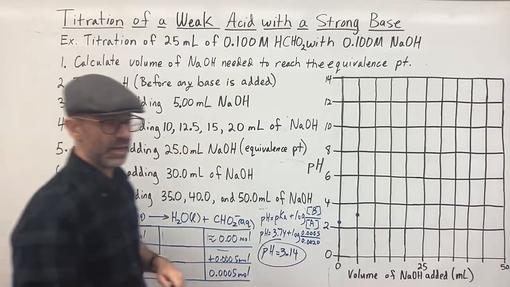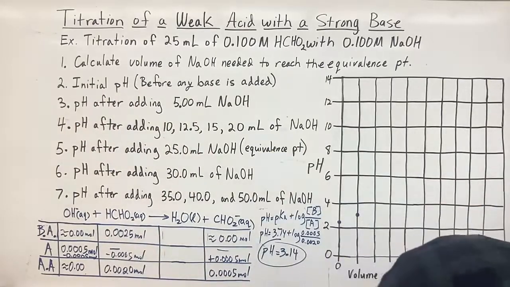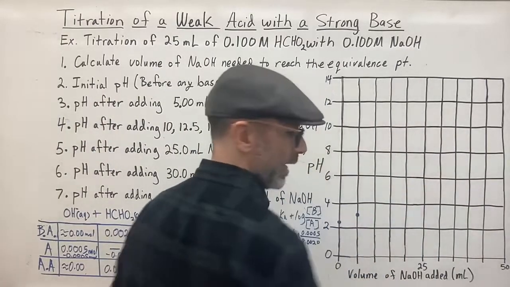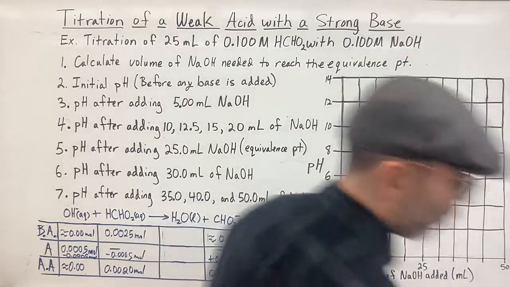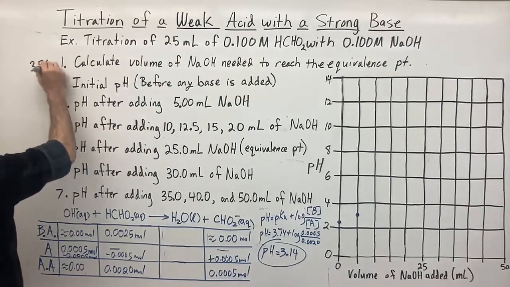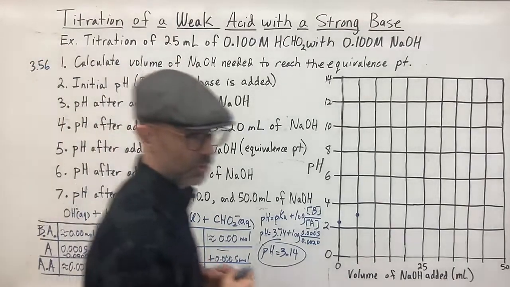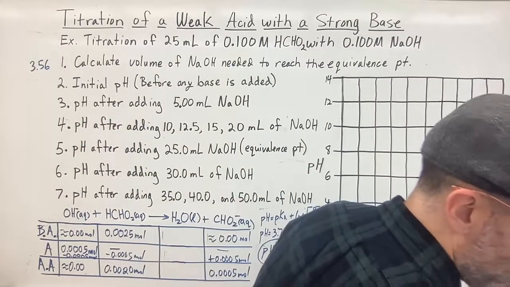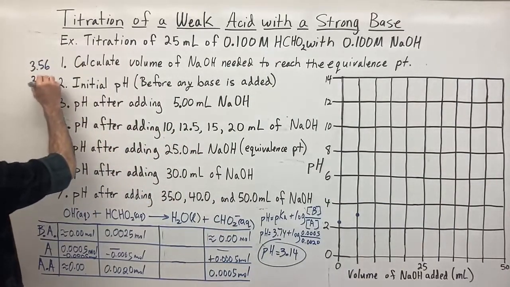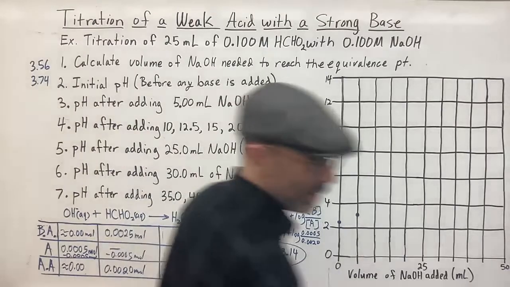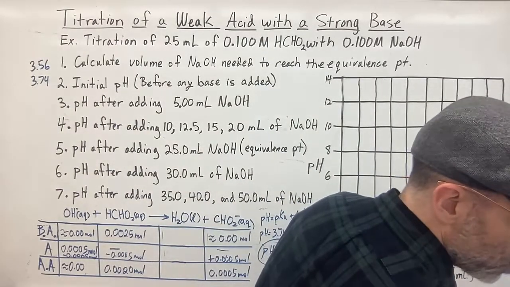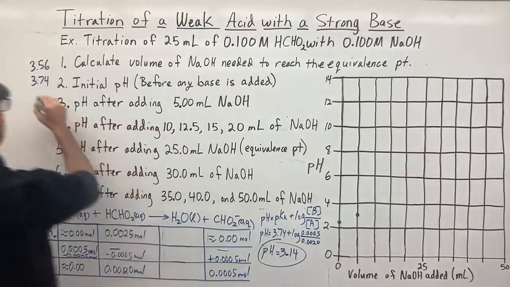I did that, and so I have the pHs here. And so for 10, it is 3.56. So 3.56 is the pH for 10 milliliters. For 12.5 is 3.74. For the 15, it is 3.92.